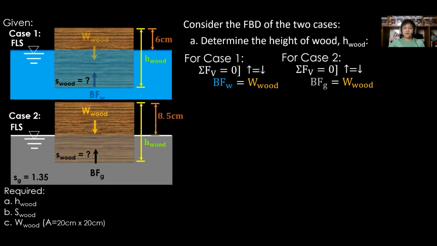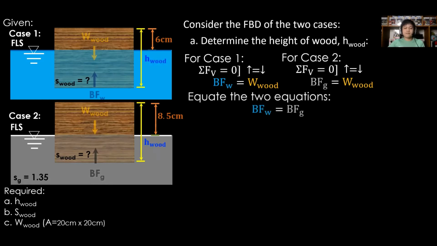Since the weight of the wood is the same, we can now equate the two equations. Thus, BFW is equal to BFG. For BFW, it is gamma of water times the displaced or submerged volume for case number 1. For BFG, it is gamma of glycerin times displaced or submerged volume for case number 2.